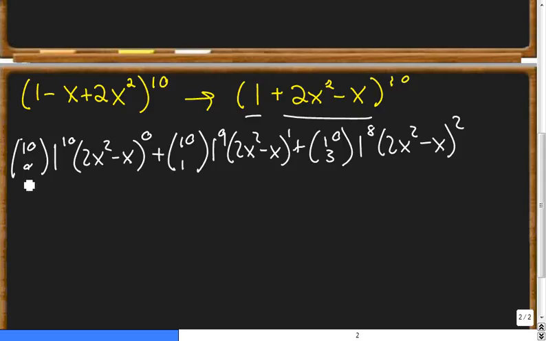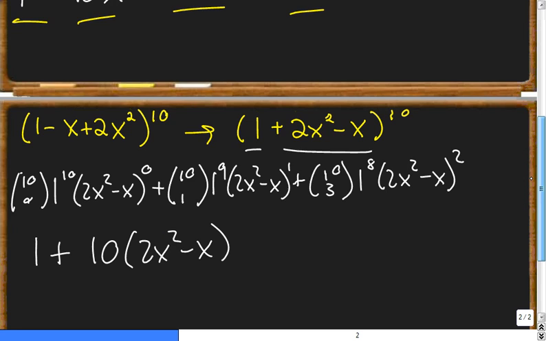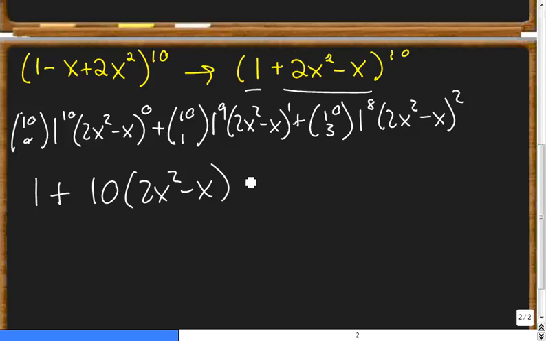We knew that this was 1, 1, and 1, so we get a big 1. We do plus, this number was 10, so we got 10, and then 1 times 2x squared minus x. And then we had 10 choose 2, that was 45. And so we get plus 45 times 2x squared minus x squared. So now we can simplify.